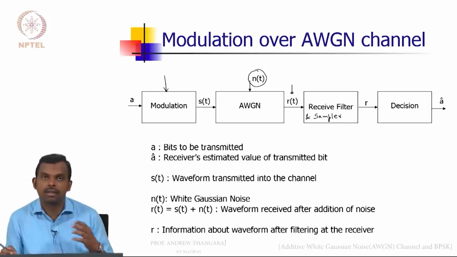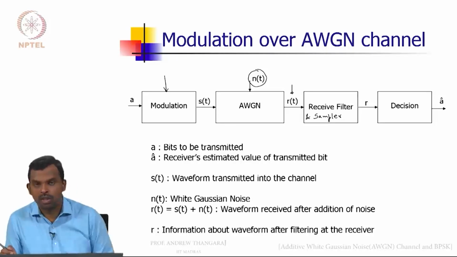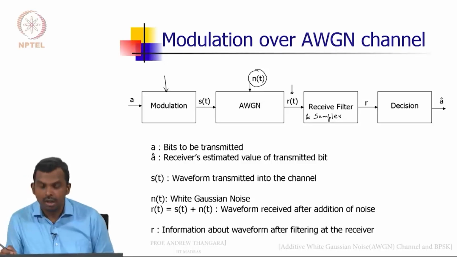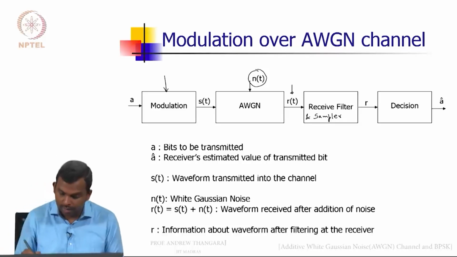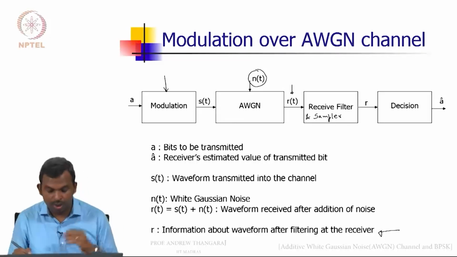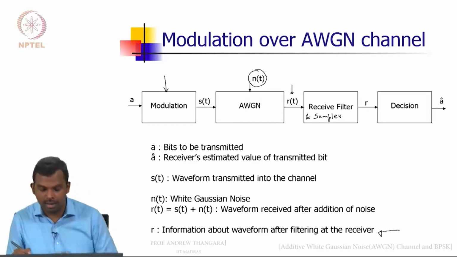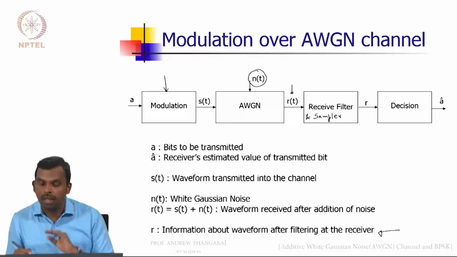This is the theory of how you model a digital communication system in the discrete time domain, and once you do that, you can make a decision to get A hat. This is crucial. R, the received sample, has all the information about A, and you can make a decision.